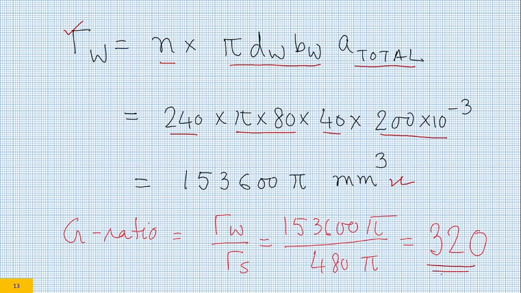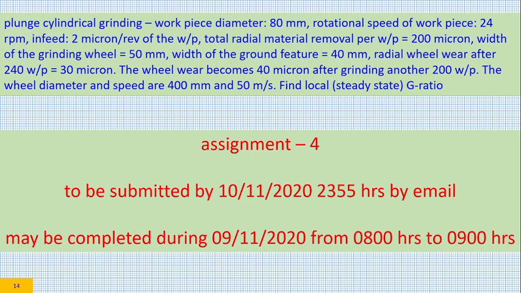So this is another solved problem that I have shown you for plain cylindrical grinding, and this is the calculation of cumulative grinding ratio, which is simply called grinding ratio. Now there is an assignment.